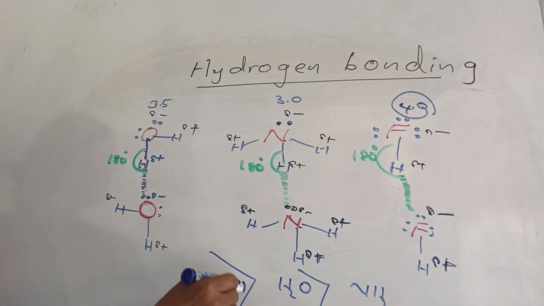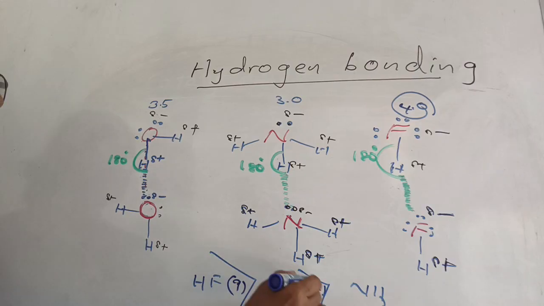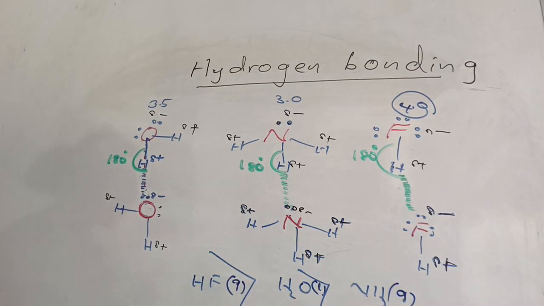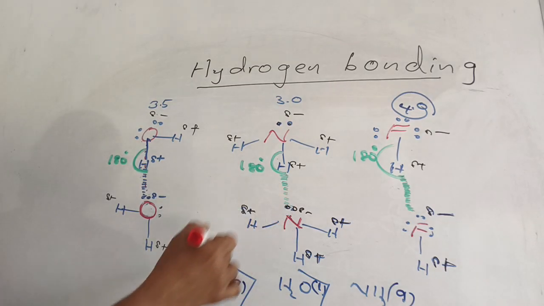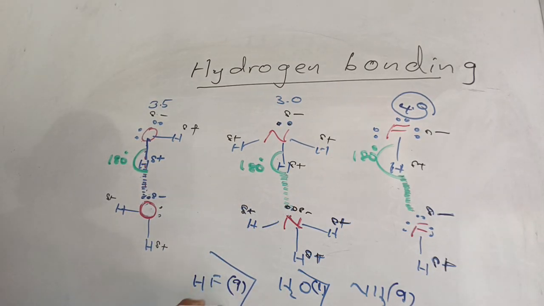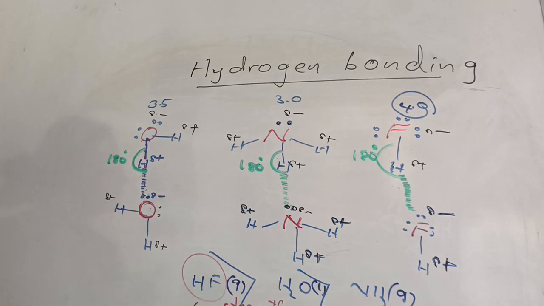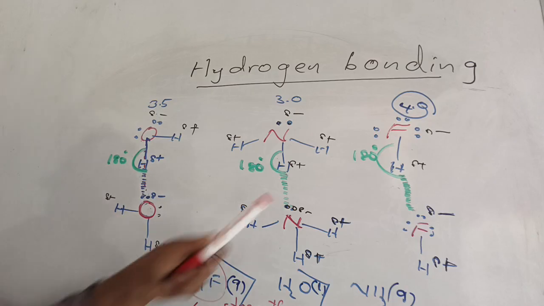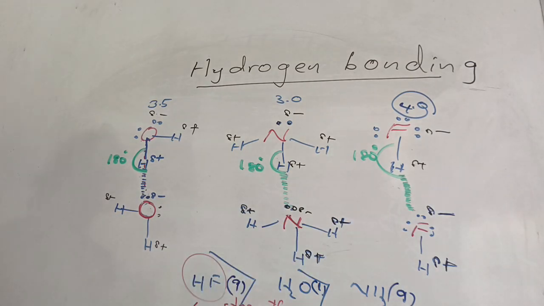But HF is a gas, while water is a liquid, and ammonia is a gas at room temperature. So you can see why water is a liquid even though it does not have the strongest hydrogen bonding. Here we are referring to the strength of hydrogen bonding. Between HF molecules, the hydrogen bonds created are the strongest because fluorine has the highest electronegativity.